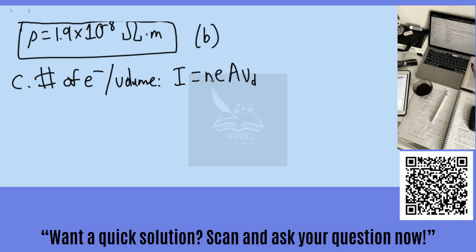So we can solve for N, and we'll have N equaling I divided by e A v sub d.